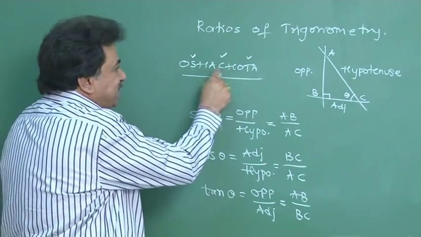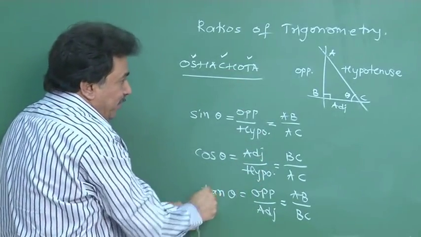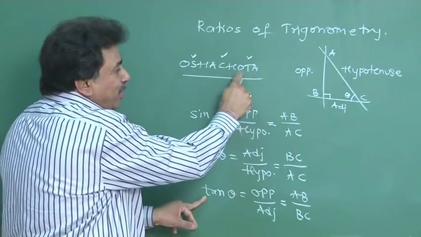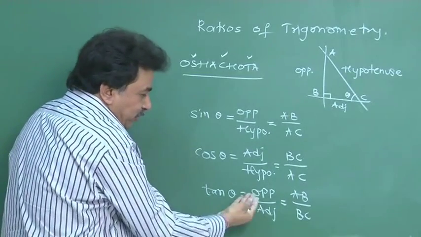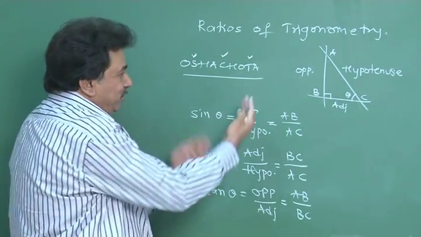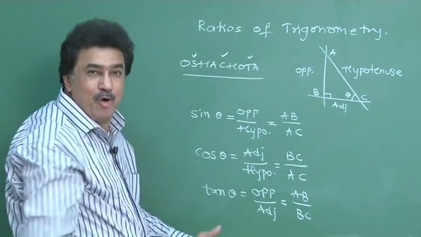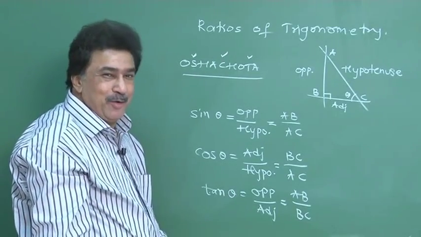Cos, adjacent upon hypo. Yes, beautiful. And then what about tan over here? Opposite upon adjacent. So in case of learning these three ratios, you have this word and the ratio comes to you automatically. Isn't it wonderful? Yes, smile, come on, you can do it now.